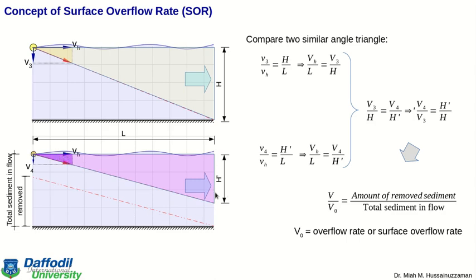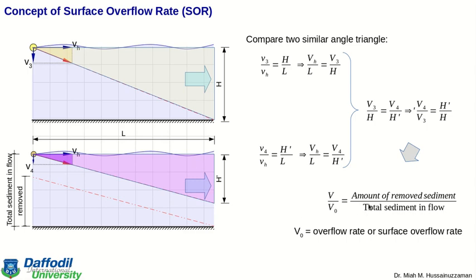H prime represents the particles entering that are removed at the bottom, and H represents all the particles entering this section. So V by V0, that is, the settling particle velocity divided by the overflow rate, becomes the amount of removed sediment divided by the total.